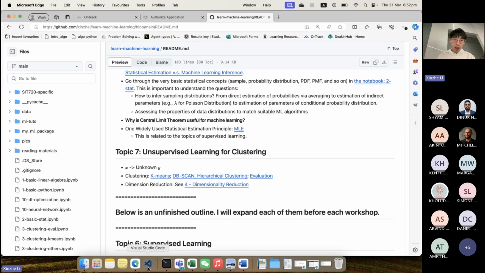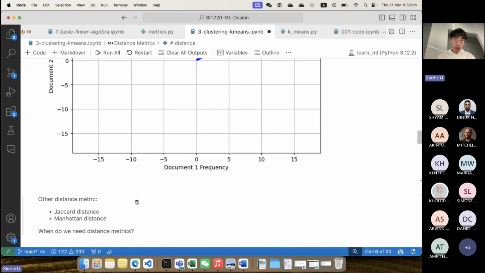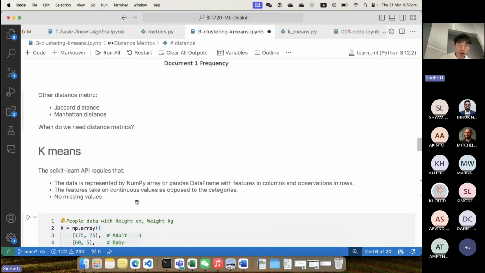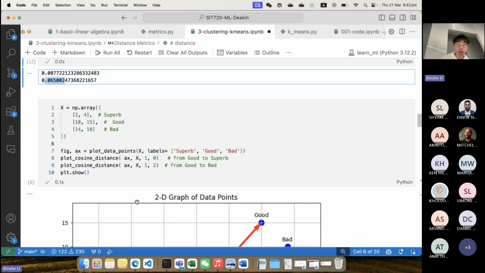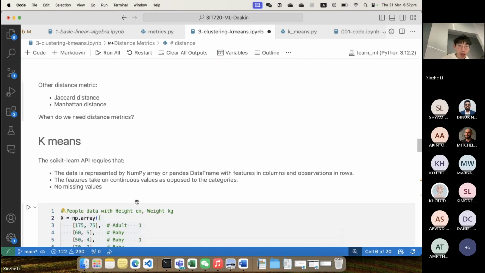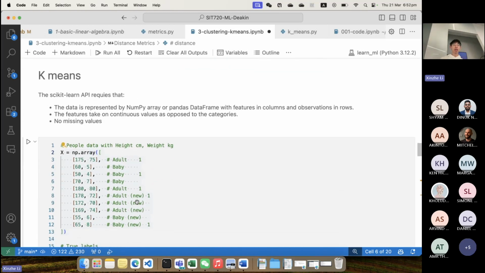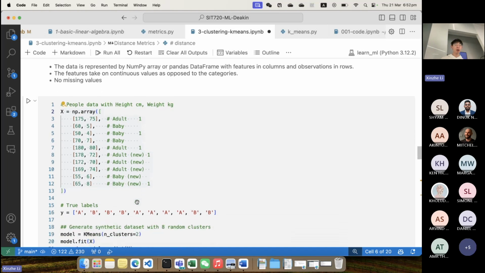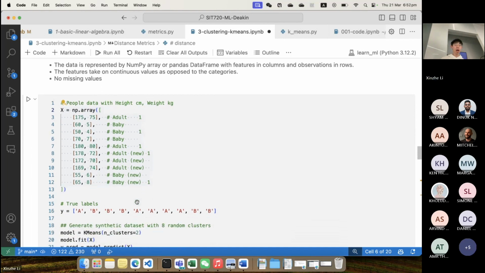So that's it. I don't think I want to talk more about this; the distance metric is enough. Now I will go to K-means. For K-means, we need to use a distance metric to calculate the distance between the centroid and the data points.